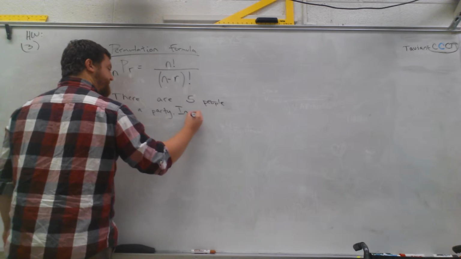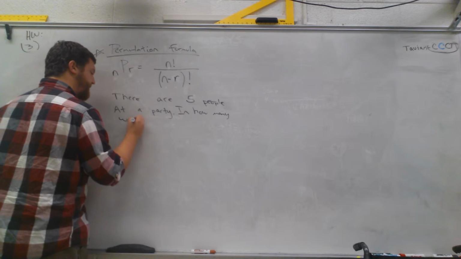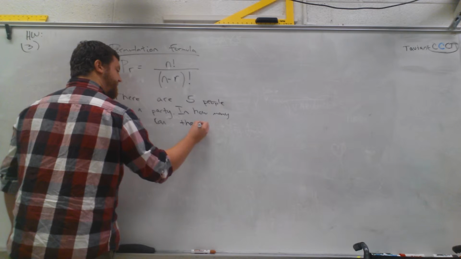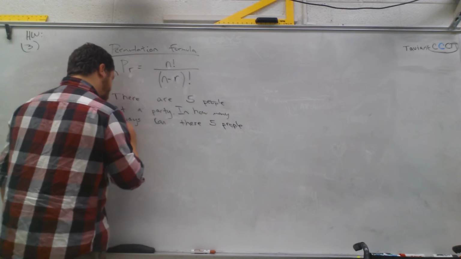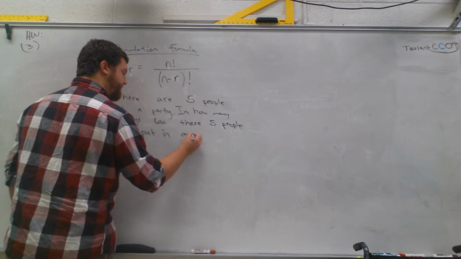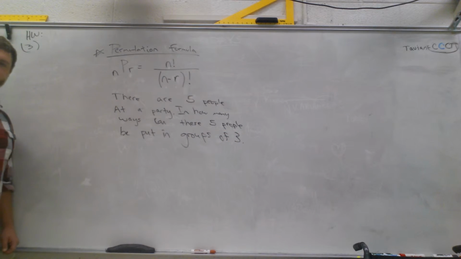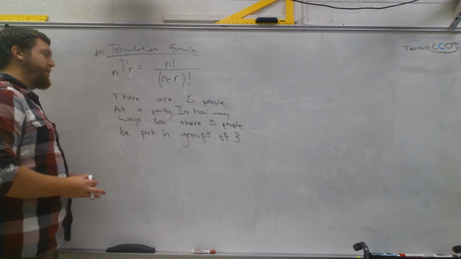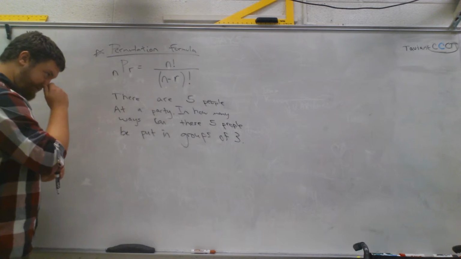In how many ways can these 5 people be put in groups of 3? See, I'm remembering. Be proud of me. Okay, I'm out of your way. Write that down. There are 5 people at a party, and how many ways can these 5 people be put in groups of 3?